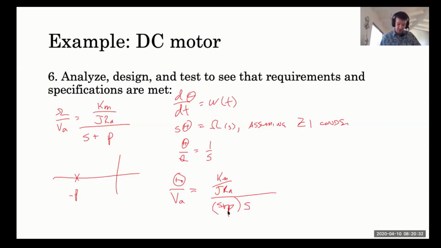Okay, so in red we had the pole zero diagram of the voltage to speed system. And if we consider the transfer function from voltage to position, we earn ourselves a pole at the origin. So this guy pops up there.